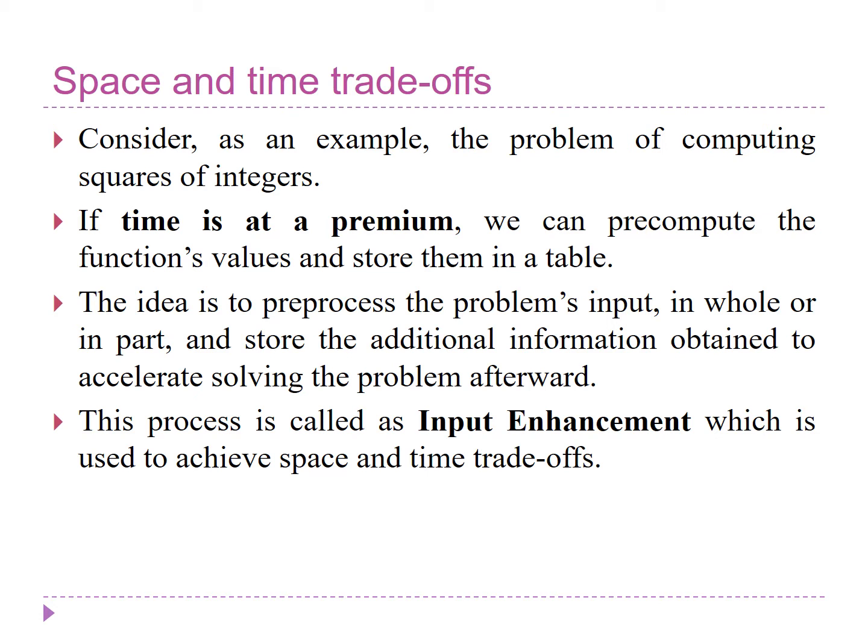If time is at a premium when we receive a request, we can pre-compute the function values and store them in a table. For example, the square of 3 is 9 and it is stored in a 2-column table, and the square of 10 is 100 and these are stored in the 2-column table.